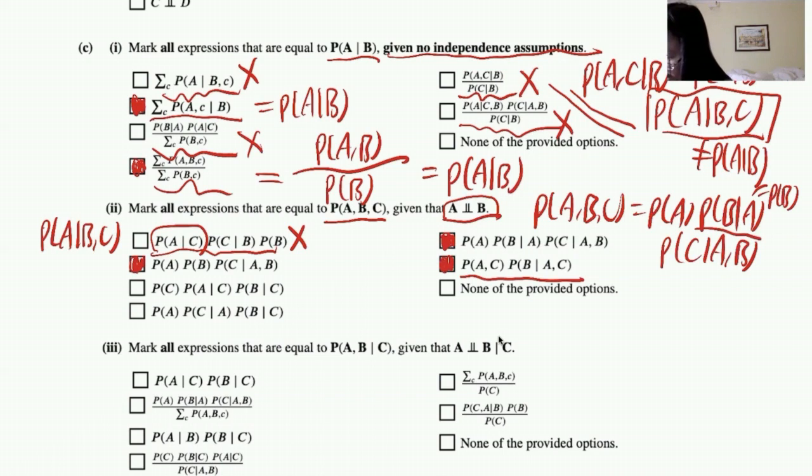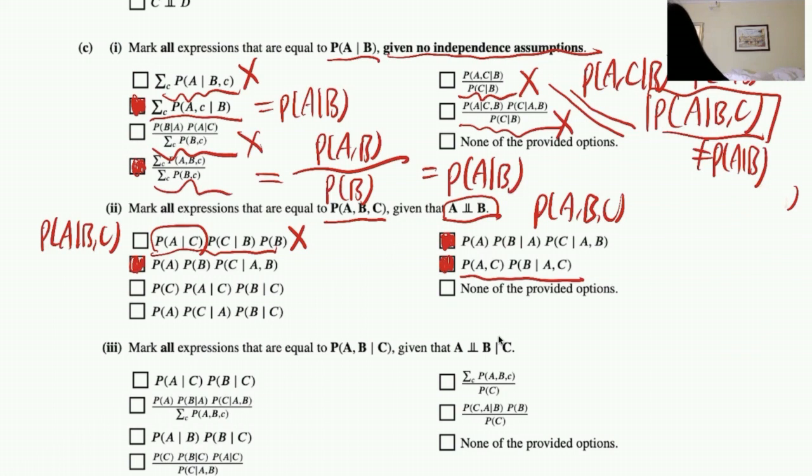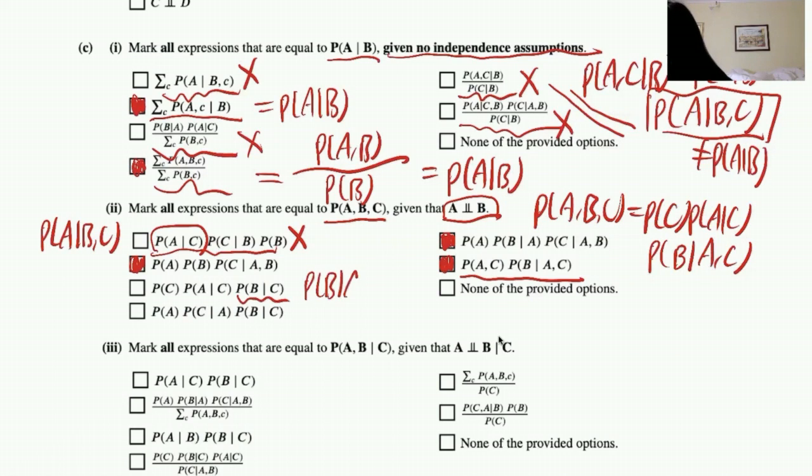Again, another way to compute this joint probability should be the probability of C, then the probability of B given C, times the probability of A given BC... B given AC. But again, we need to compare the probability of B given C with the probability of B given AC.